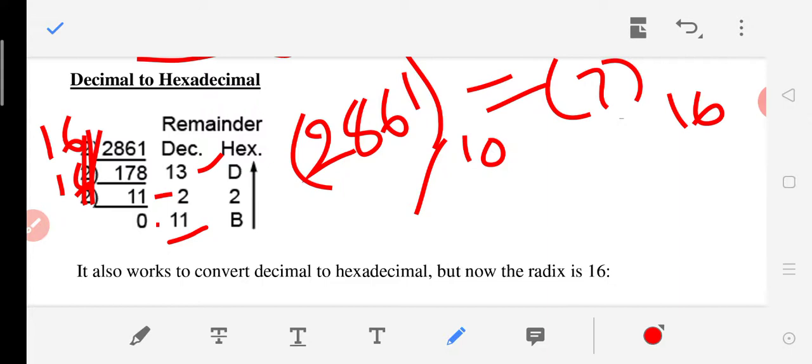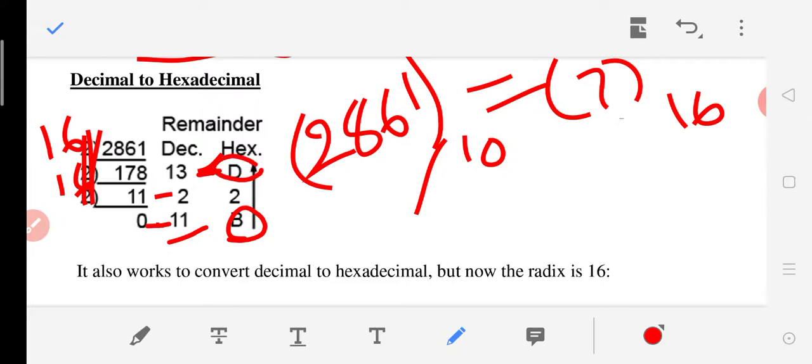The hexadecimal equivalent of 11 is B, and the hexadecimal equivalent of 13 is D.